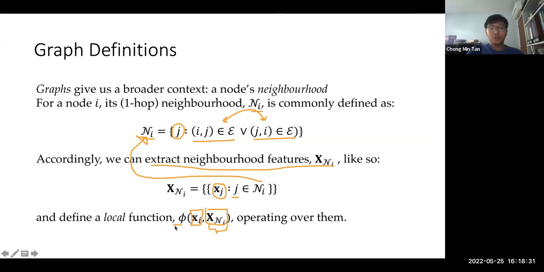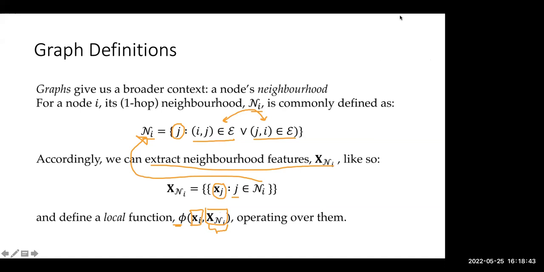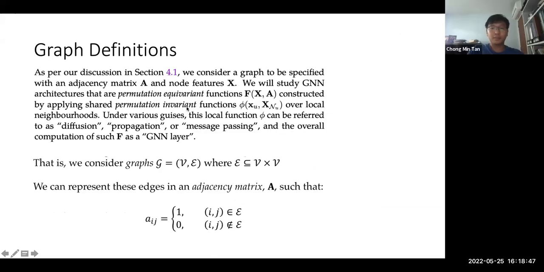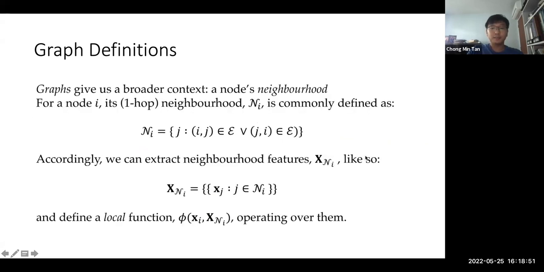Earlier you saw that this function phi must be permutation invariant, because it must be regardless of the order of all these nodes here. If you go back to the diagram here, these are permutation invariant functions. It looks very difficult here, but if you see the graph diagram later, it's actually very easy.